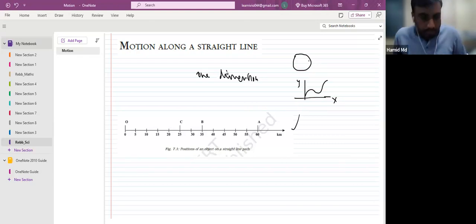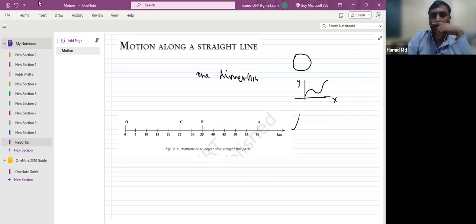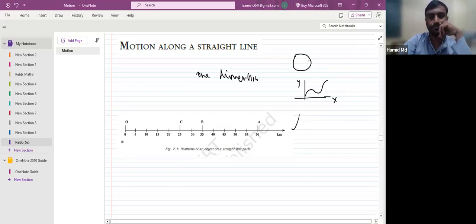This is the easiest problem to discuss motion in one dimension. Suppose we start from here. This is our starting point. The scale is in kilometers, so it is marked 5, 10, 15, 20, and so on. It is similar to what we studied in coordinate geometry.